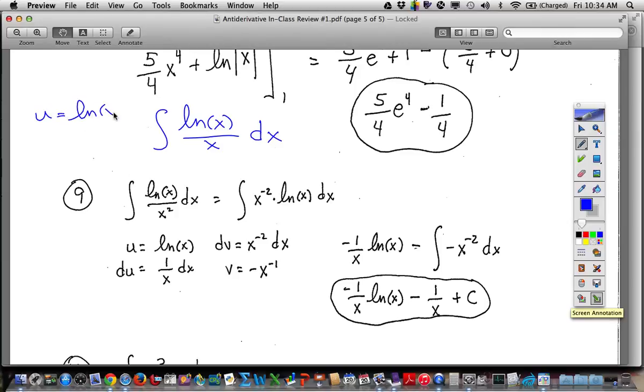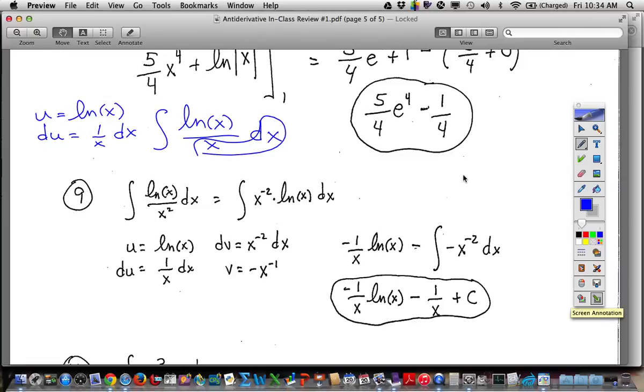We almost never let u be the top, right? But our overriding idea on u substitution is whatever you pick for u, you want the du to be sitting there. And in this case, if you let u be natural log of x, then the du is 1 over x dx, which is sitting right there.